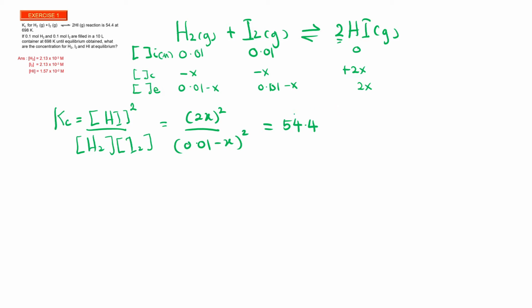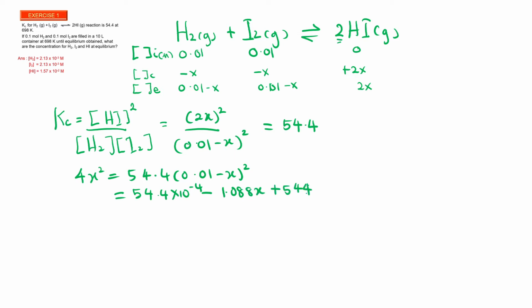Alright, so we rearrange the equation. (2x) squared becomes 4x squared, equal to 54.4 times (0.01 minus x) squared. We expand the equation, then rearrange it, so it becomes 54.4 times 10 to the power of negative 4, minus 1.088x, plus 54.4x squared. Then there is also the 4x squared from just now. We make this equal to 0 so that we have ax squared plus bx plus c equal to 0.